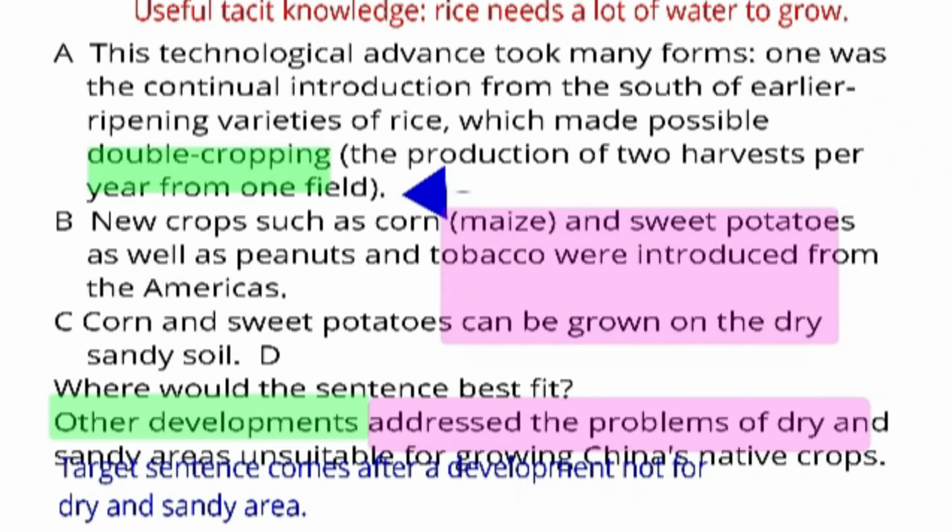B talks about the introduction of new crops like corn and sweet potato, which can be grown in dry and sandy areas, as stated in C. Since B and C are about the development relating to farming in dry and sandy areas, before B is indeed the correct spot.